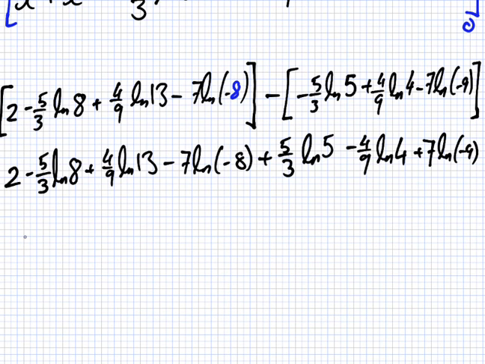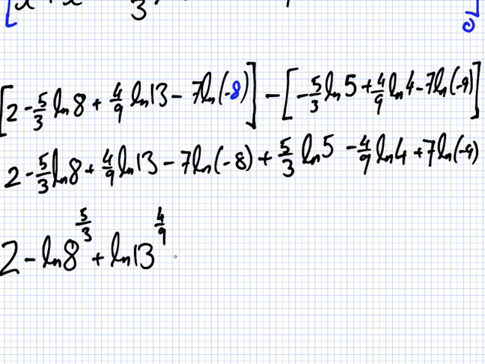Now, I can clean this up a bit more because I can say this is 2 minus log 8 power 5 over 3 plus log 13 power 4 over 9.